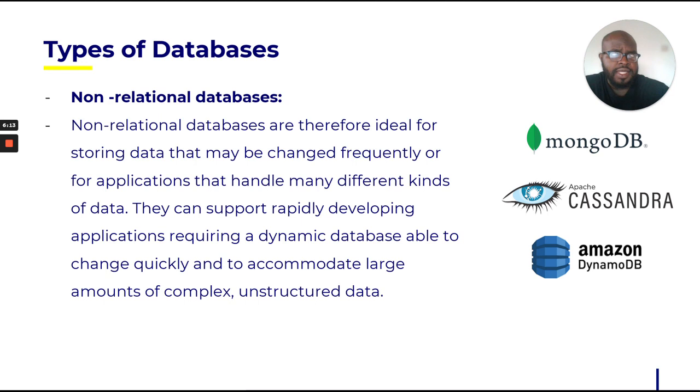Also, we learned that they are ideally used for data that changes frequently. And we also learned about DBMSs. Remember, we said DBMSs serve as an interface between the database and the end user.